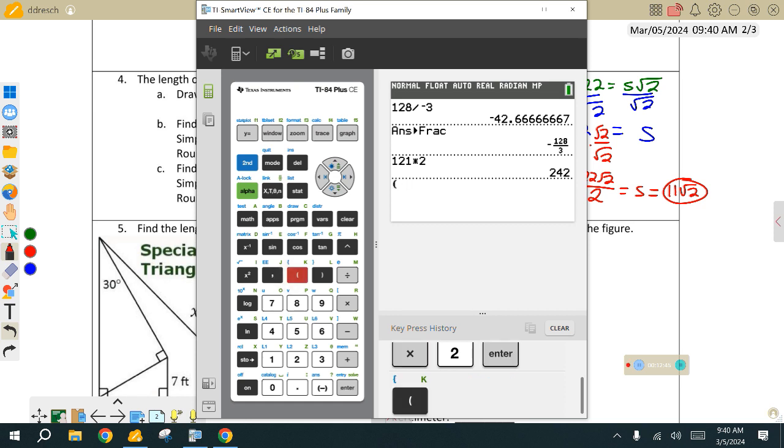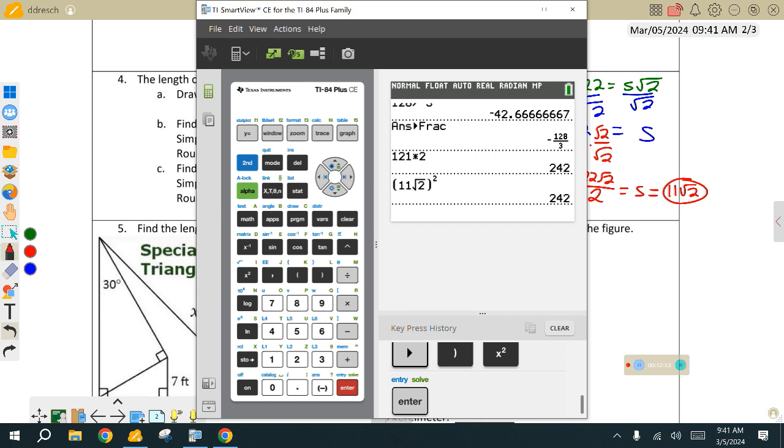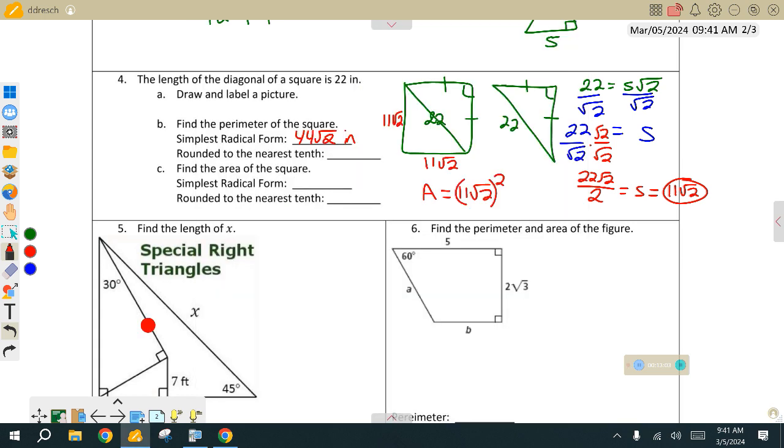Right. So all that work, again, your calculator obviously can do it for you. Whenever you multiply something by itself, your calculator is not going to return a decimal. Because you're squaring it, it's going to create a perfect square, and it's going to give you 242 in this instance. Okay. 242 units squared.